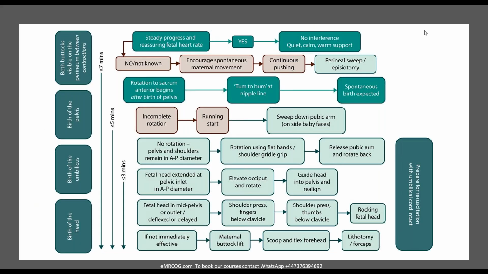If all failed, then we can use the forceps finally. And if we use the forceps, then the mother should be in the lithotomy position. In the TUG article, they suggest for the physiological breech to use any forceps, including the Wrigley forceps or the Kielland forceps.